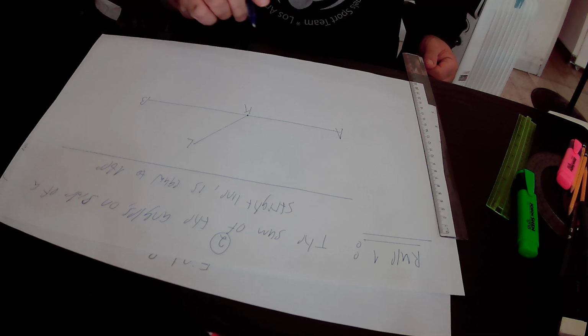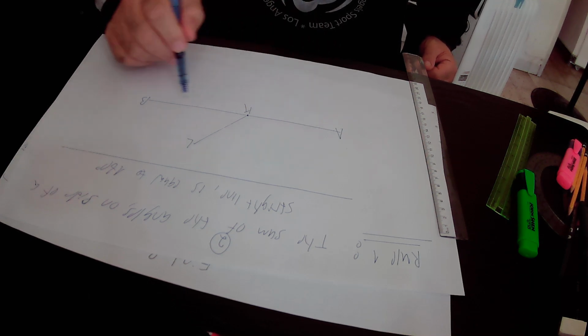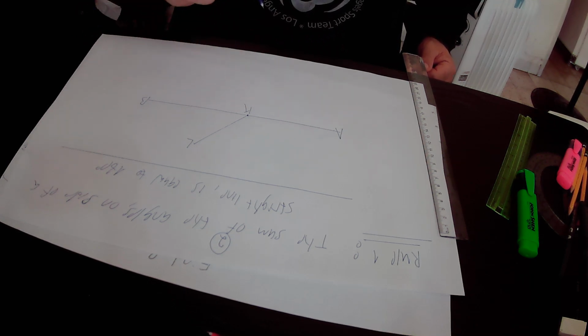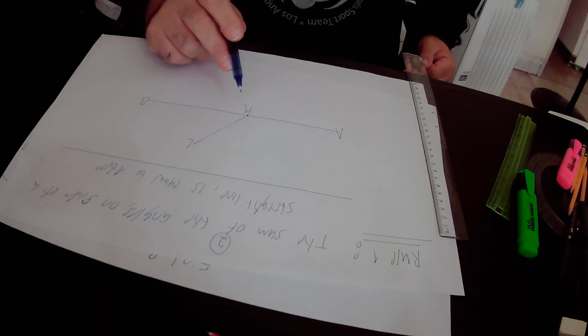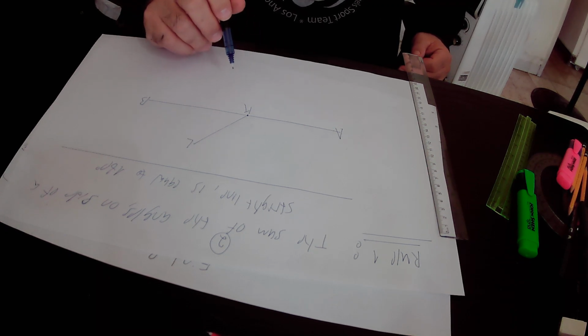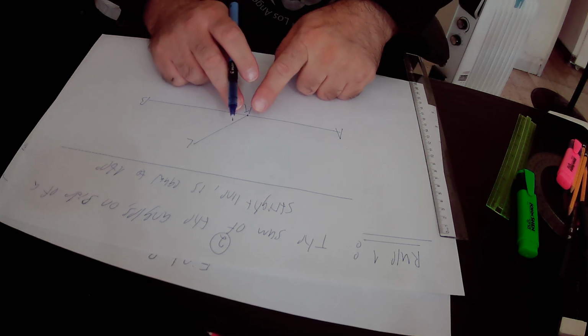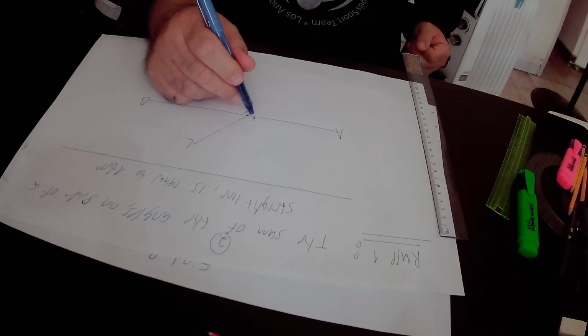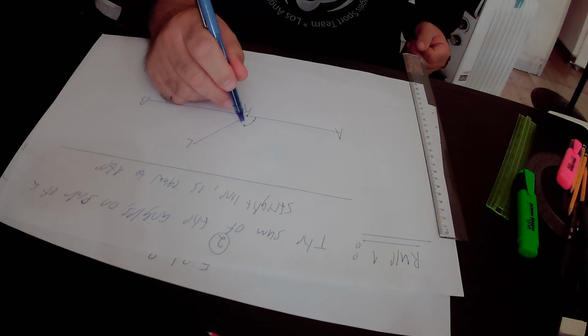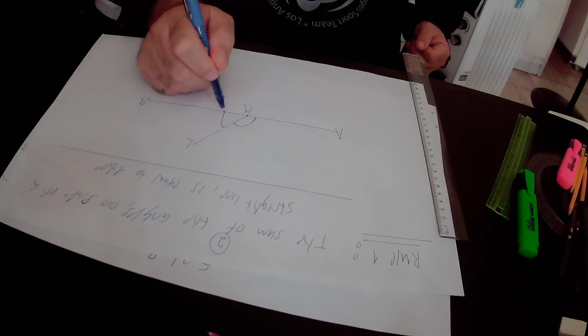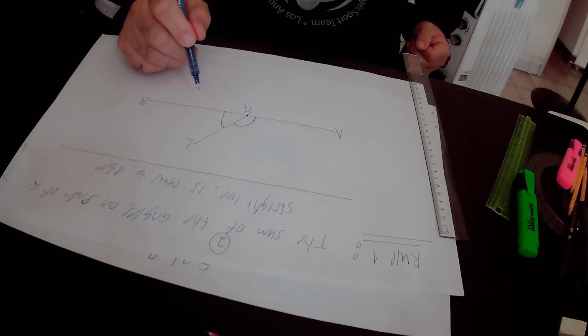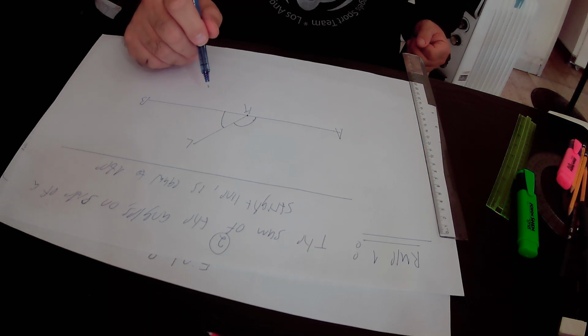So, if you focus on the upper side of the straight line AB at point K, according to this rule, rule number 1, the sum of the angles in the upper side of AB at point K must be equal to 180 degrees. That is to say, the sum of those two angles, this angle plus this angle, in total, they must be equal to 180 degrees.